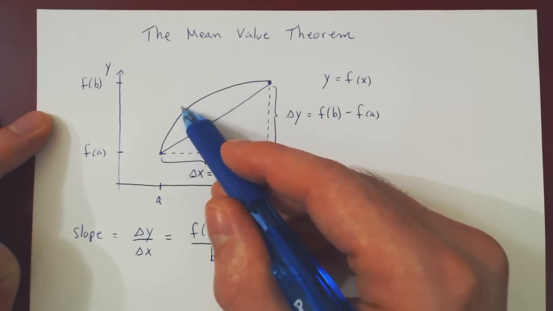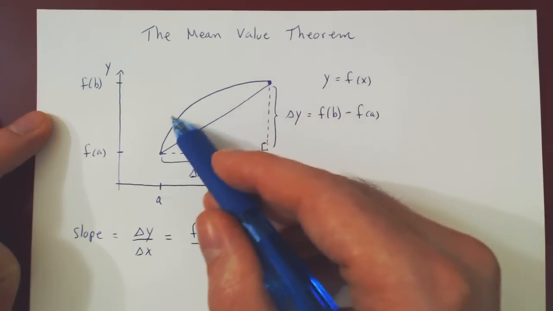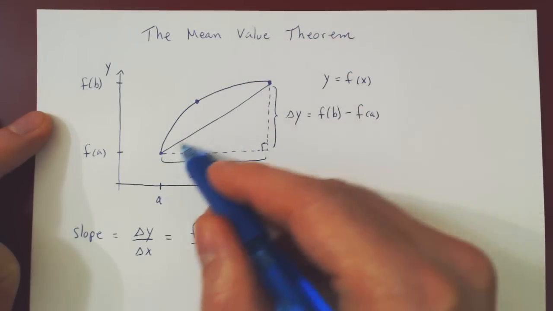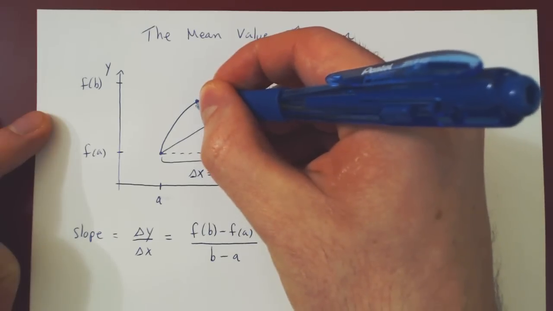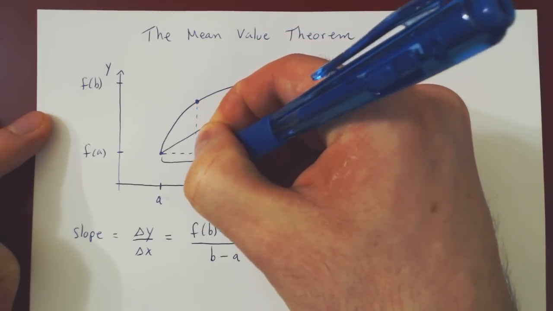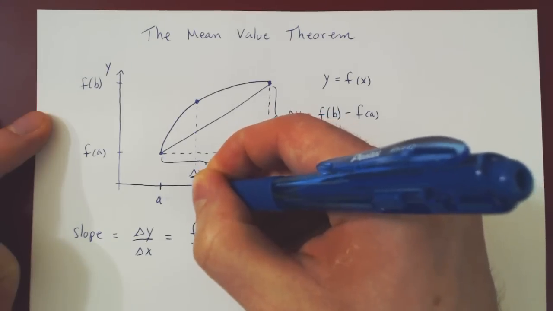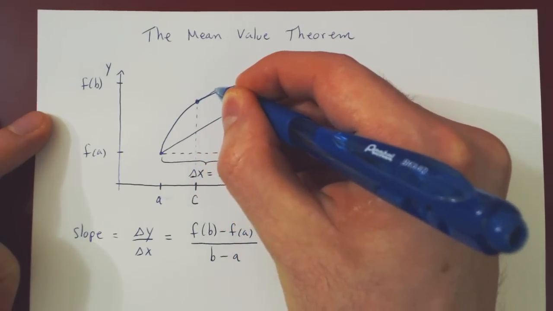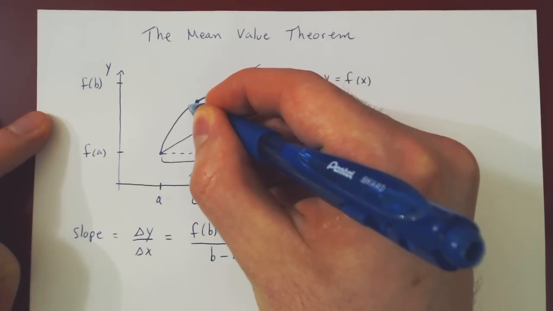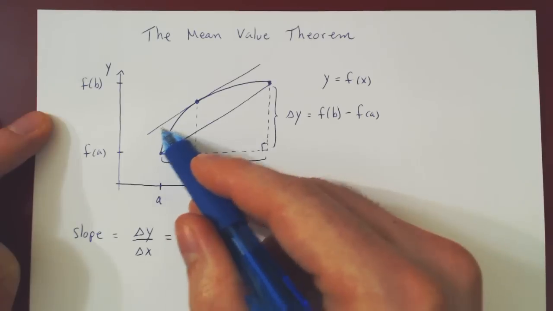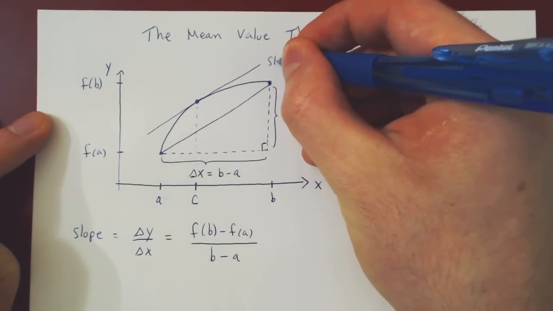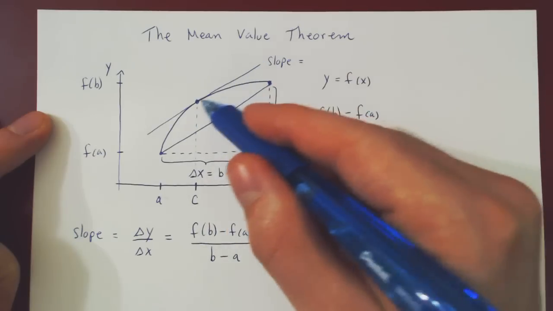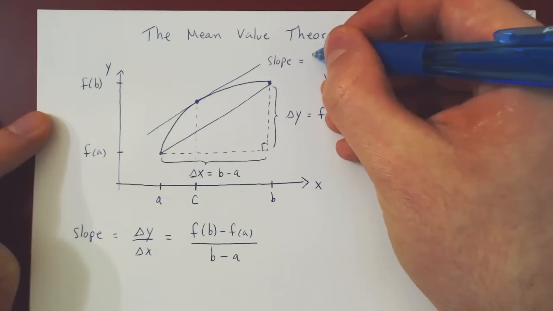If you look at the picture, it looks like the tangent line here is essentially parallel to our line here. So if we draw down the line segment to the x-axis, you have the point, say, c. And again, draw its tangent line. The slope of this line is, of course, by definition, the derivative of the function at c. Right?